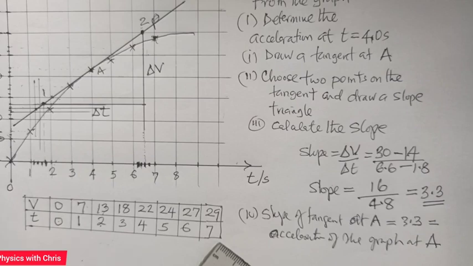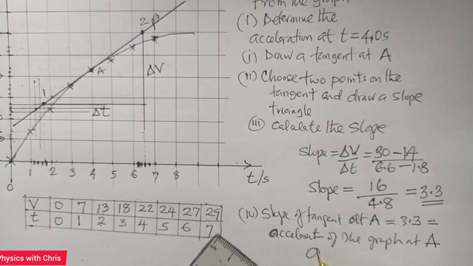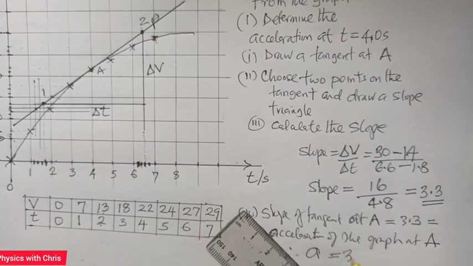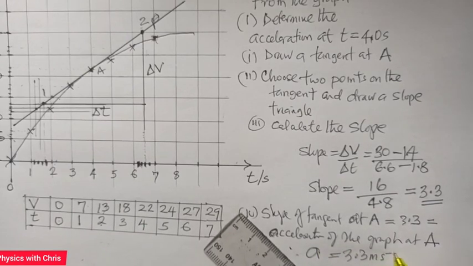And since the slope is acceleration, I can say that the acceleration of the body therefore is equal to 3.3 meters per second squared.